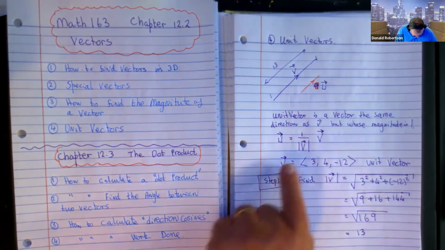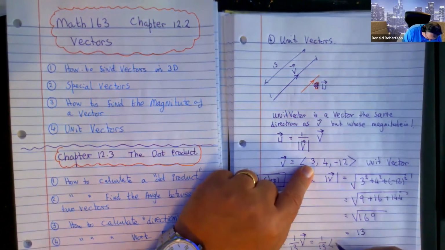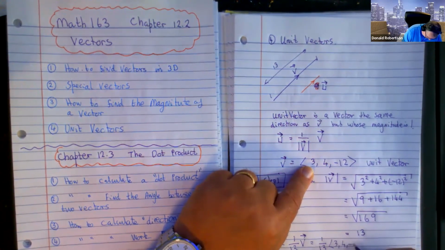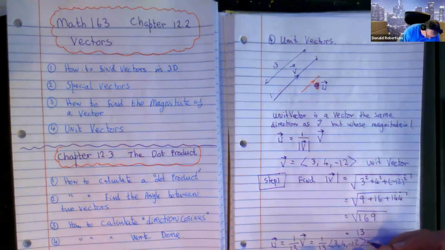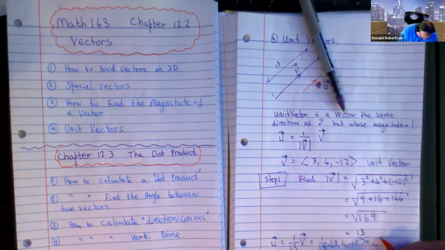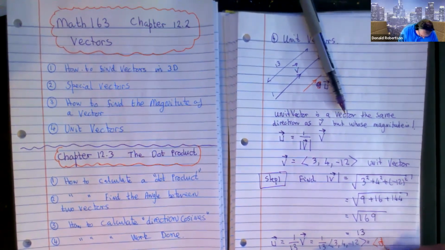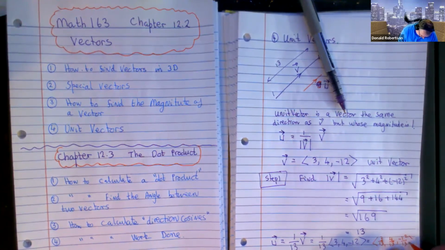Now, if you want to find 1/13 of that vector, it's actually not that hard. 1/13 of each component. So it's 3/13, 4/13, and -12/13.